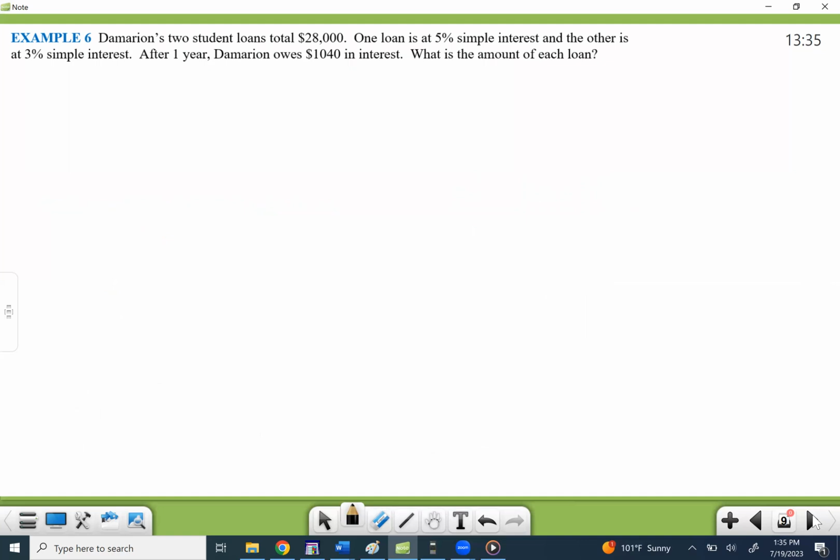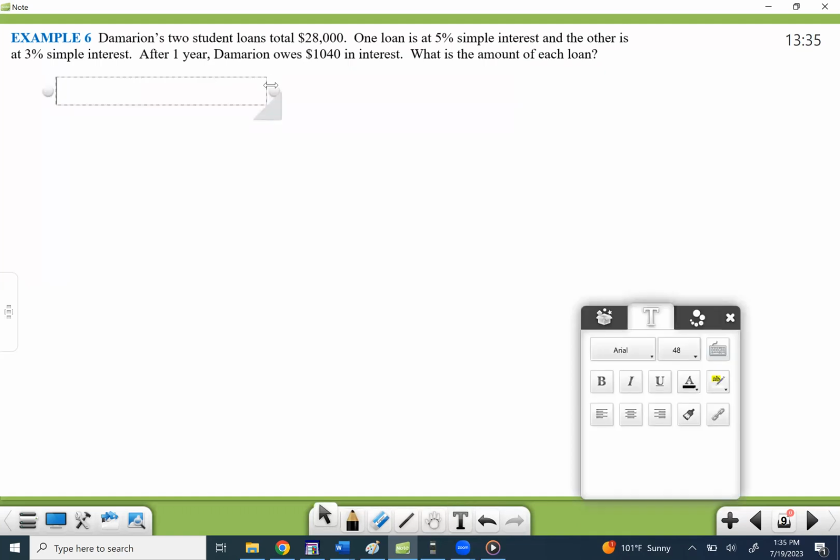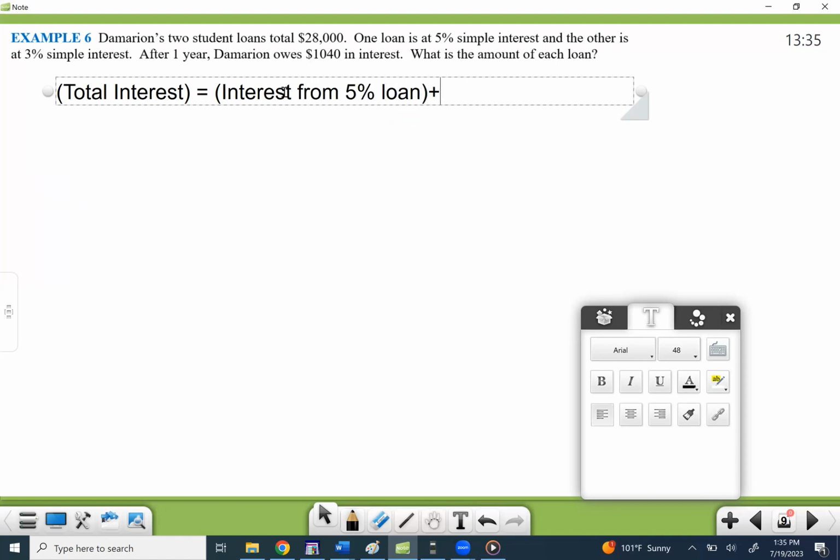Okay, so English-wise, here's what I'm thinking. First thing that comes to mind: I know that I can find the total interest by adding together the interest from the 5% loan plus the interest from the 3% loan.